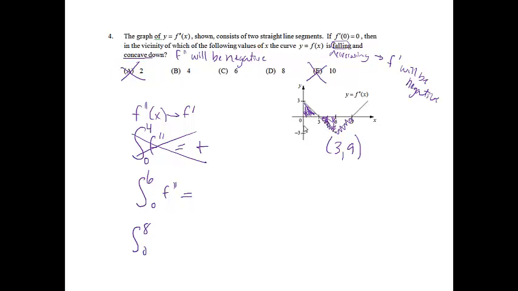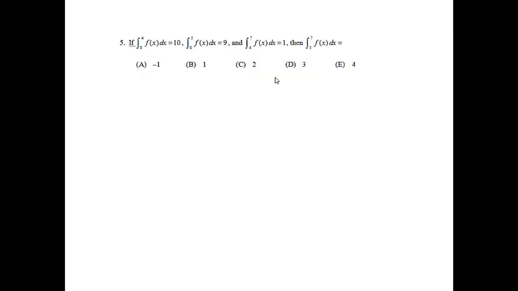I notice that those two areas are going to cancel each other out, so I'm going to get an answer of 0, and that is not negative, so I can cross it off. And then going from 0 to 8, I notice that there's more area underneath the curve than above, so my answer will be negative, which means that f prime is negative at that spot. So 8 is going to be my answer.